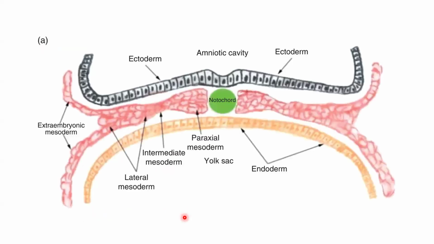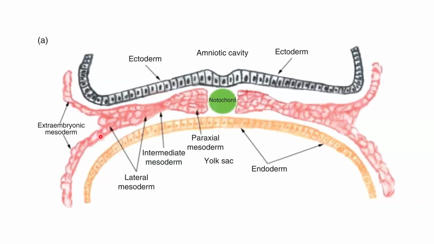So this is how it looks like. I've already talked about the three layers: the ectoderm on top, the red being the mesoderm, and then the endoderm. And then when you look at the mesoderm from middle to outer, you have the paraxial mesoderm, the intermediate mesoderm, and the lateral mesoderm.